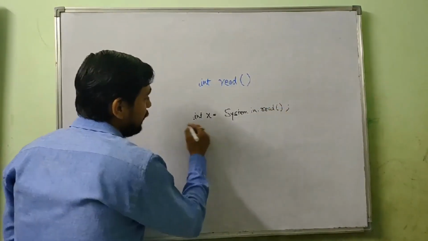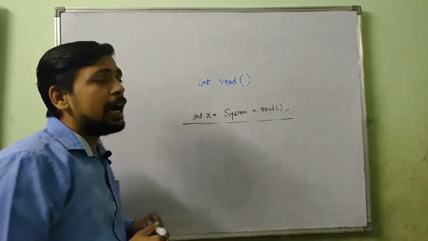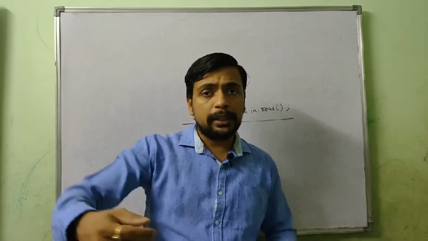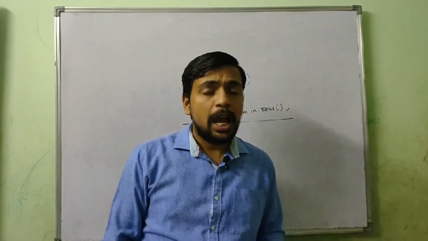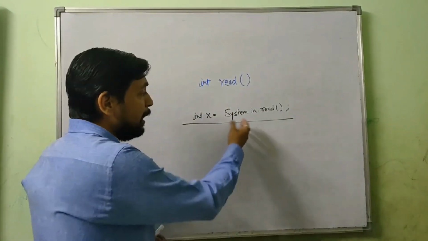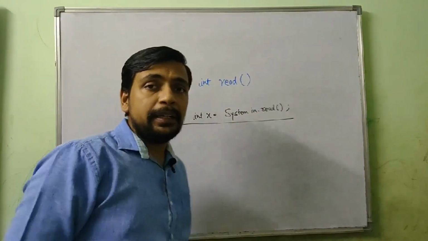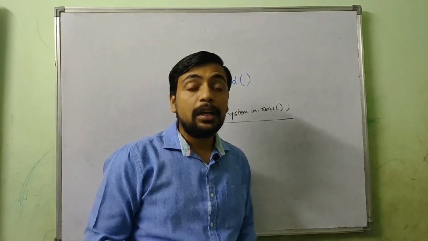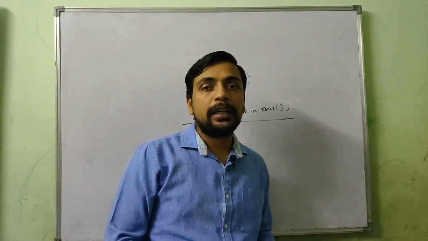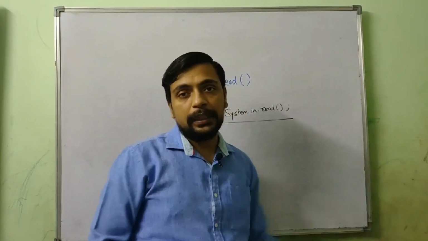So what will happen, as soon as this line is executed, our cursor will stop on the screen, on the terminal window, until we enter a character. And suppose I have entered capital A, so what will happen? It will return the integer of that capital A into x. Now what will be the integer of capital A? 65. Capital A's ASCII code or Unicode is 65.